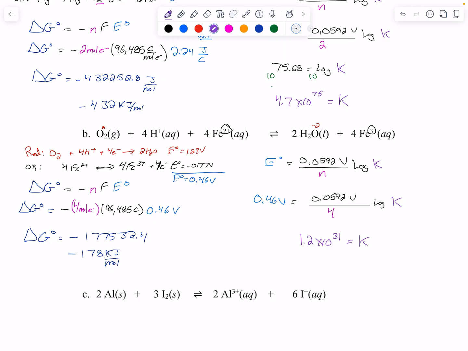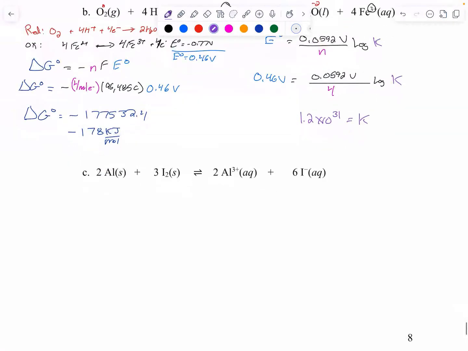Finally, C. All right, what's going on here? We got aluminum 0 going to aluminum 3+. There's your oxidation. And then we got I2 0 going to I minus 1. So the reduction is I2 plus 2 electrons going to 2 I minus.